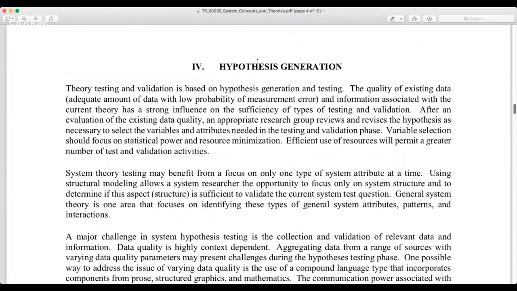And the variable selection should focus on statistical power and resource minimization. So one of the key things to think about is what variables we're going to select when we're looking at system structure and system behavior, and how we are going to separate these concepts from the relationship.